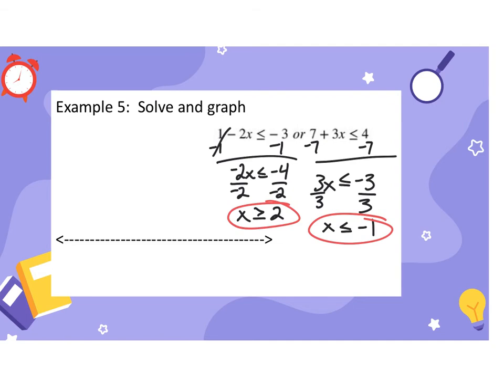Now time just to plot these on our number line. Negative 1 and 2. Looks like we got 2 closed dots, makes it easy. X is greater than or equal to 2. X is less than or equal to negative 1. And it's an or function. I have a gap. I'm good.